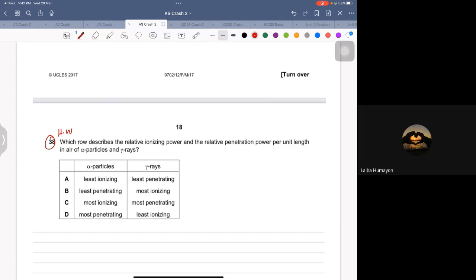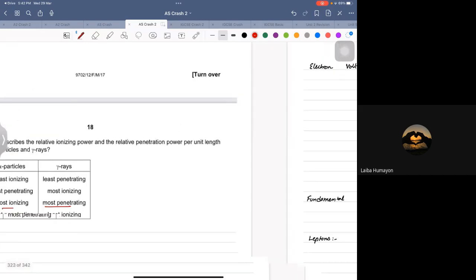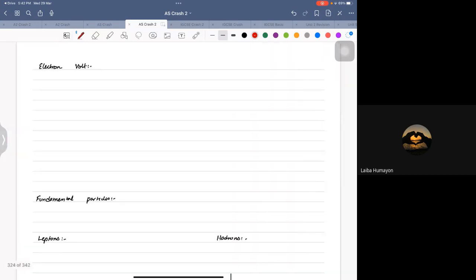C. Yeah, C. Alpha particle is most ionizing, and it is not penetrating, so that's correct. Then we'll go to the electron volt. Electron volt is basically a unit of energy to manage very small numbers.